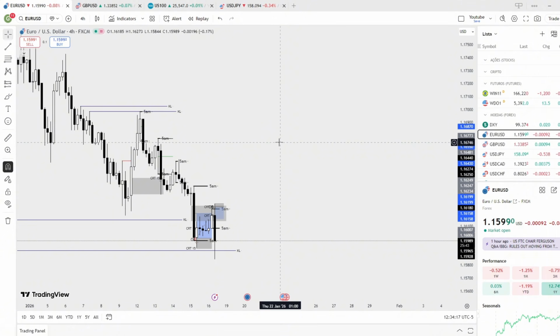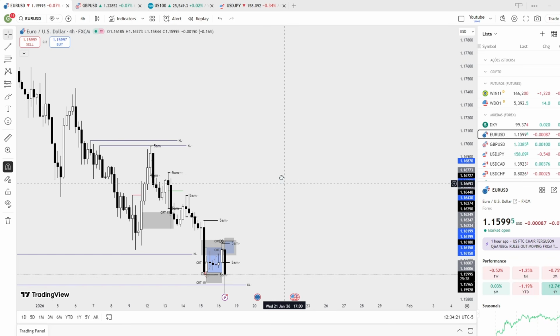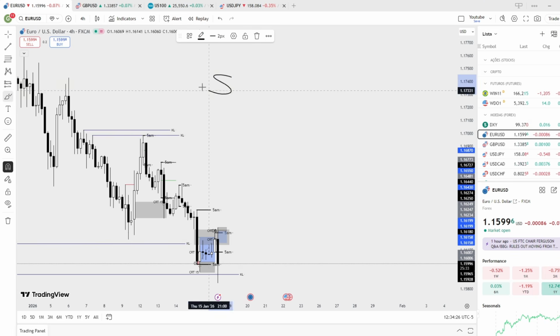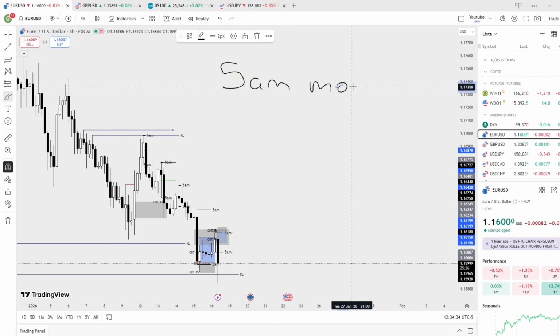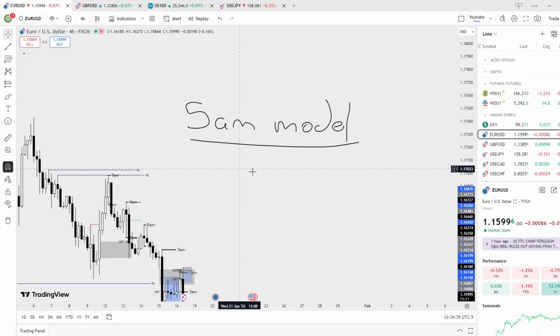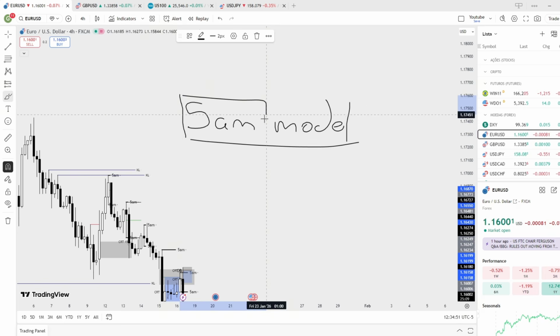So first things first, let's start with what you're going to learn in this course. You're going to learn the 5 a.m. model, okay? That's what you're going to learn. And why the 5 a.m. model? I won't go too deep right now in this introduction, but we will trade the 5 a.m. time window.